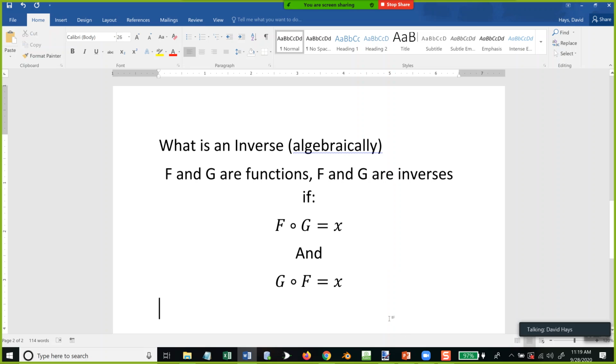That's where you take the composition, go in both directions, and it gives you X in both of them. That means that they're inverses algebraically.